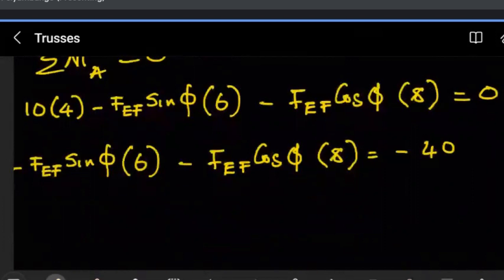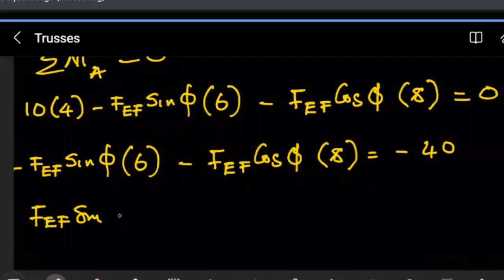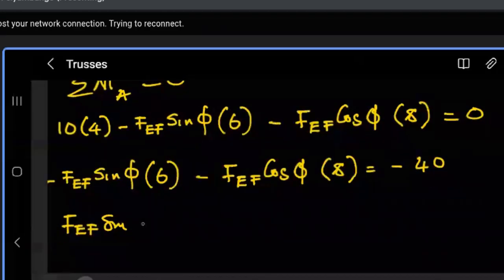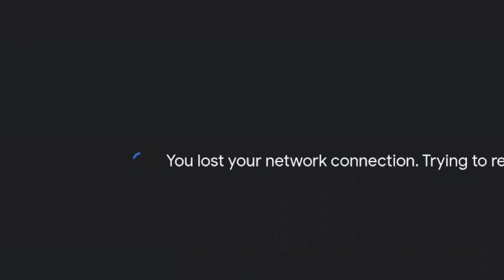This becomes FEF sine phi multiplying 6 plus FEF cos phi multiplying 8 equals 40. Pull out FEF, divide by what will be in the brackets. We see that this will be equal to 40 here, and then this will divide 6 sine phi. We already know what phi is. It's 33.69.